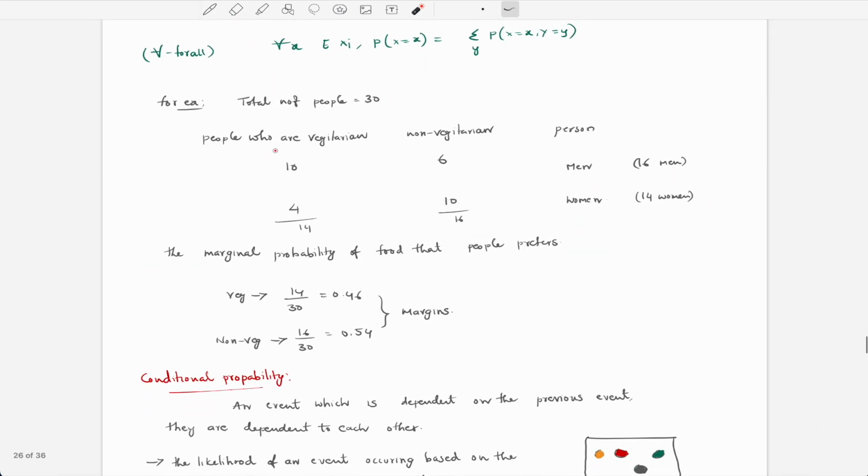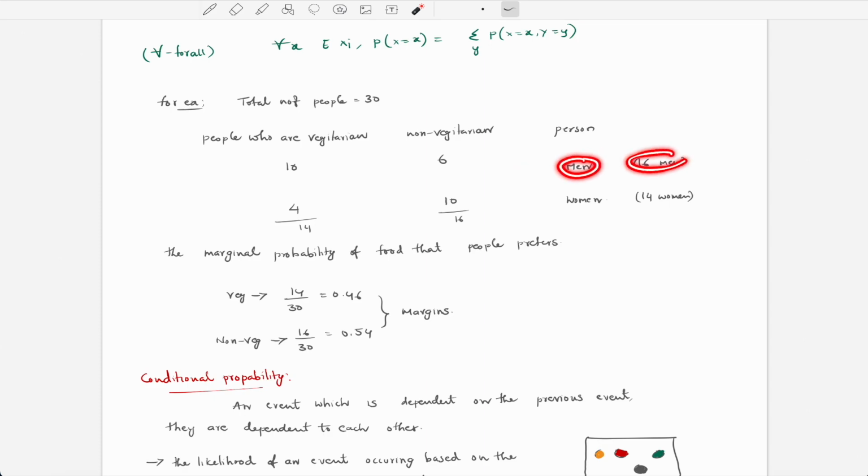If I give an example, you might understand. The total number of people is 30, and these 30 people went to the shopping mall. Some are vegetarian and some are non-vegetarian.